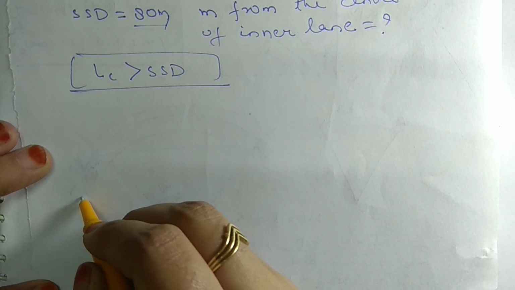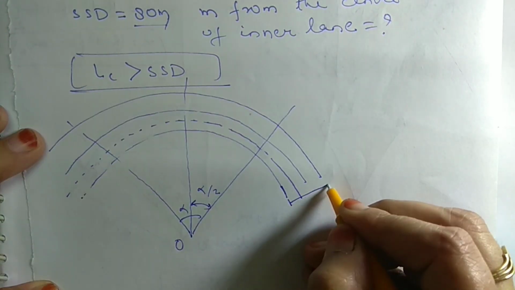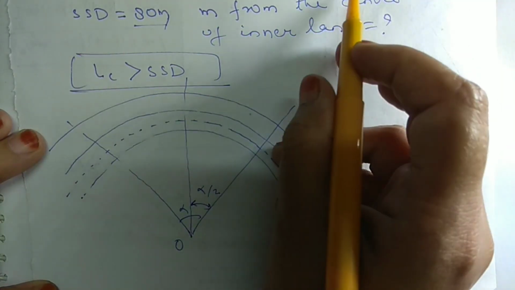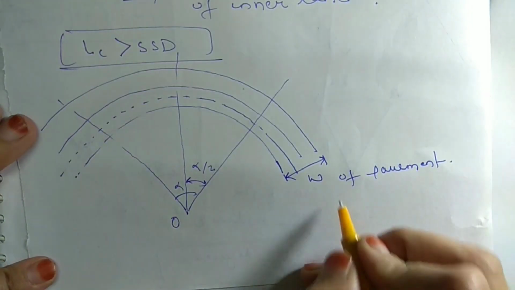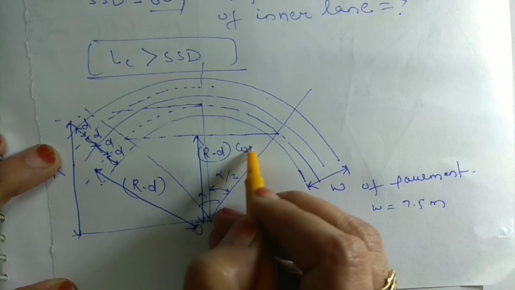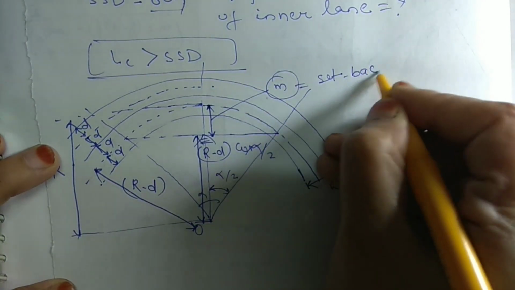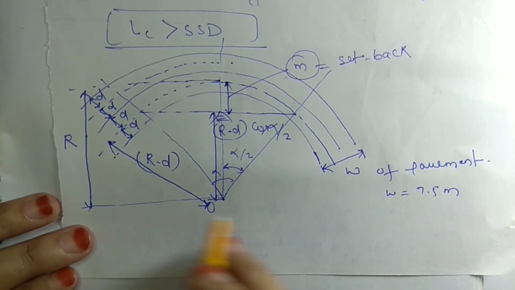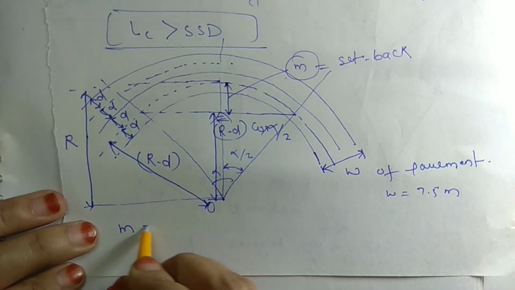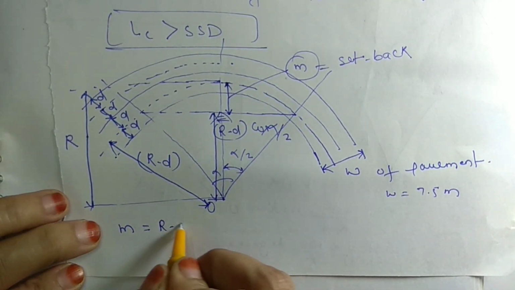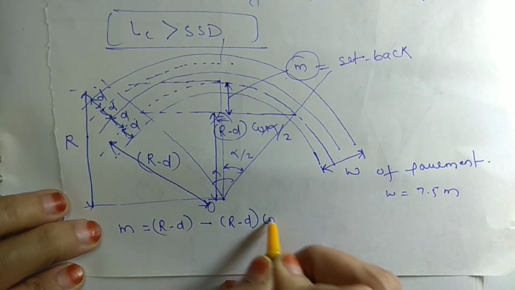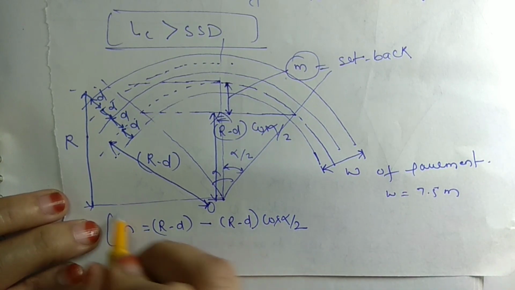Now if we see the geometry, this is the width W of pavement, and this W is given as 7.5 meter. In this case, the setback distance M will be equal to R minus D minus (R minus D) cos alpha by 2.